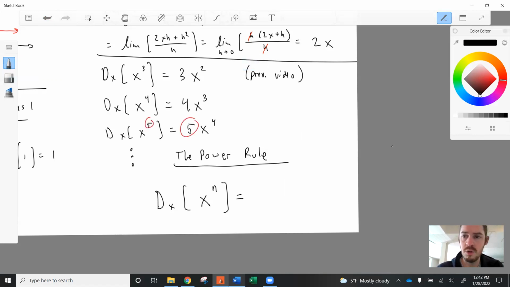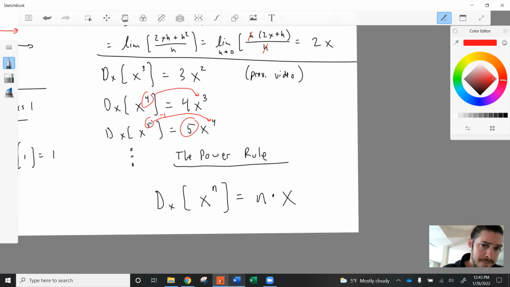So it'll be n itself multiplied by a power of x, and the power of x you multiply by is always 1 less. From this 5, you get 4. It's always minus 1: 5 minus 1 you get 4, 4 minus 1 to get 3. So this is n minus 1. And that's the power rule.